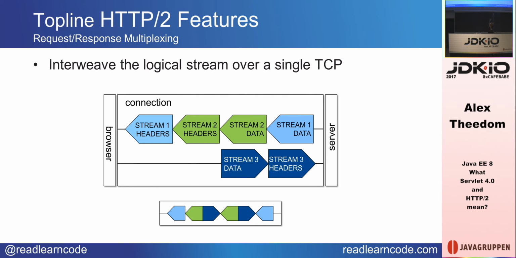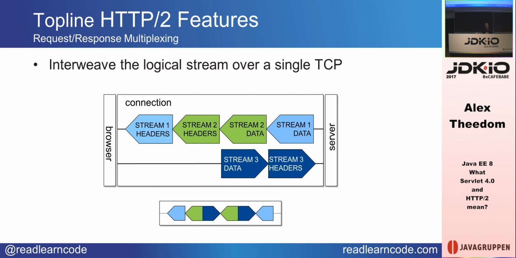You're actually breaking it down into a header frame and then potentially various data frames, depending on the size of the data that you are sending back. But also look here as well. We have stream 2 headers being sent, and then stream 2 data immediately after it. These are the responses interweaved. So you've got two responses coming back to the browser, interweaving themselves.